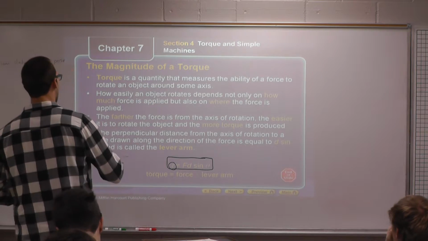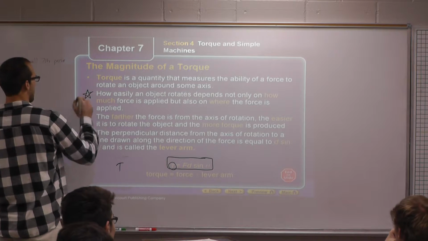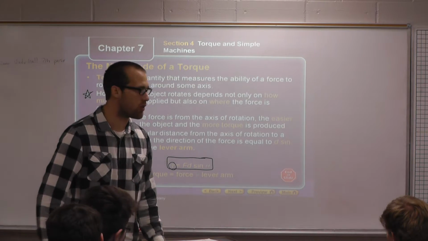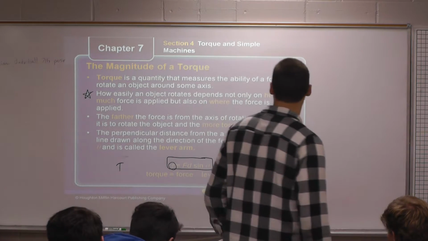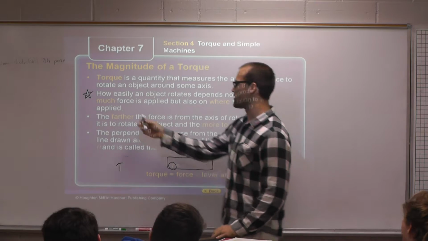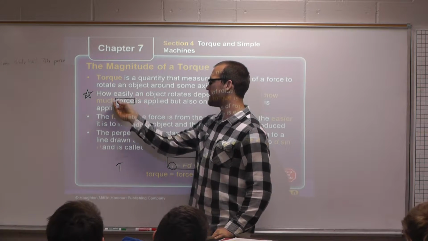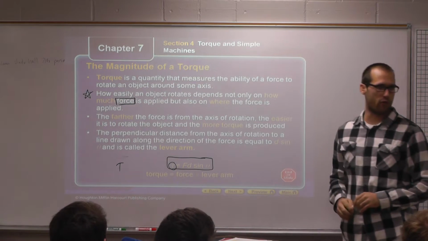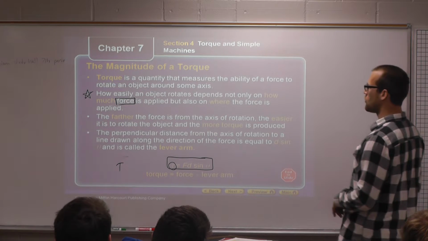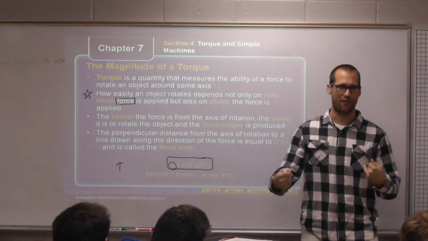Now, I don't know if I would say it's the most important, but this is pretty important to your ability to understand torque. Okay? It says how easily an object rotates depends upon how much force is applied. That makes sense. More force, more rotation, generally. But also where you apply that force.